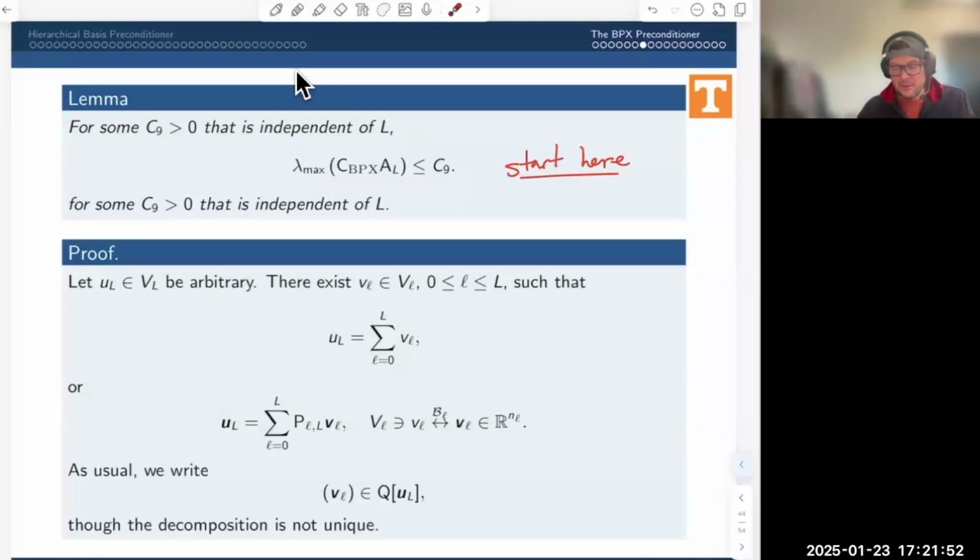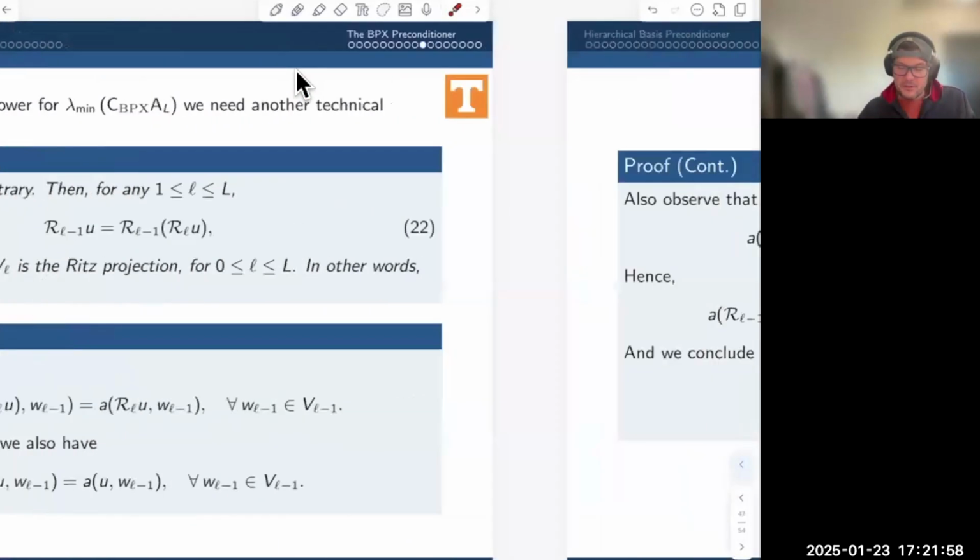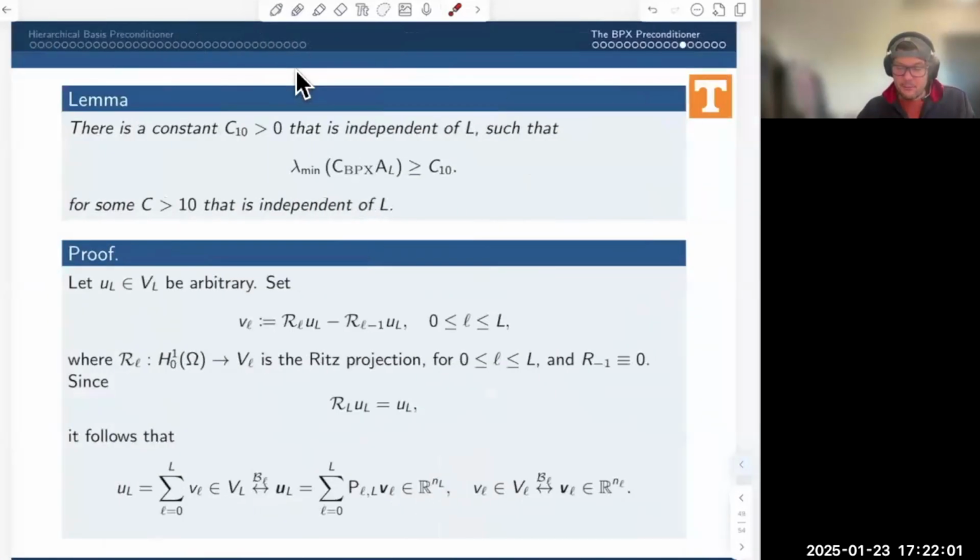Actually, it's fairly similar to the hierarchical basis case. And why, when we do the lower bound, we also don't get any L dependence. It's always the lower bound that seems to be the harder one. The upper bound is the easier one.